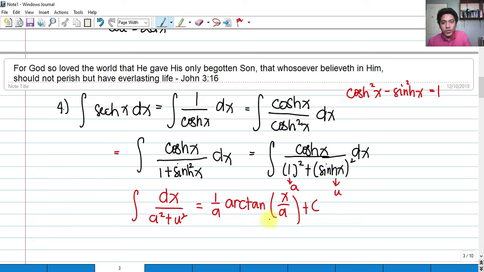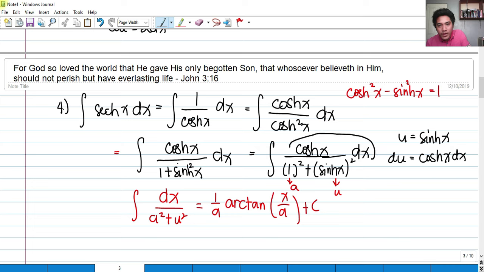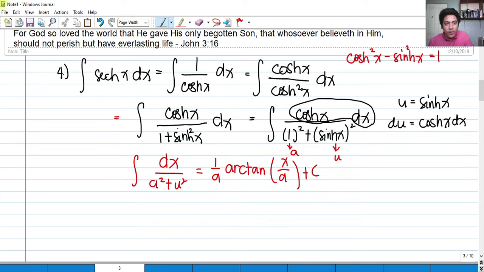If we're going to put it into this form, let u be hyperbolic sine of x. The derivative of hyperbolic sine is hyperbolic cosine of x dx, which is available here in our numerator, so we can perform this.